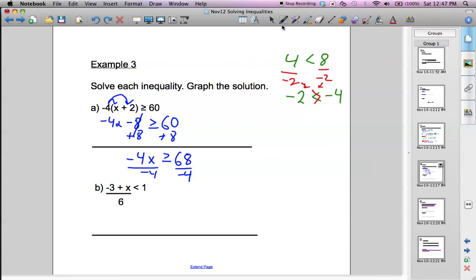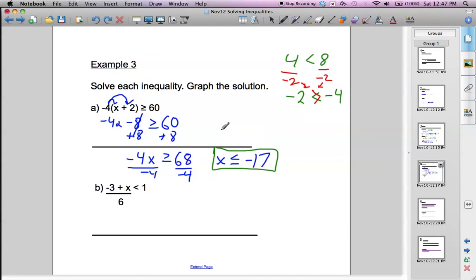So back to my example, when I divide by negative 4, you get x, and you have to flip the inequality. That's going to be less than or equal to negative 17. So x is less than or equal to negative 17 is our solution.